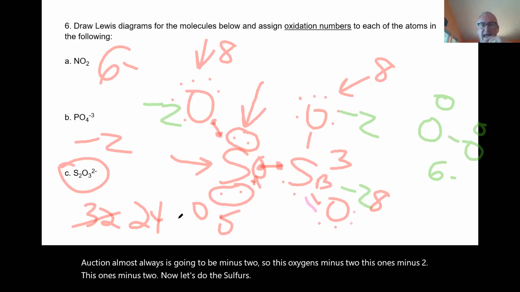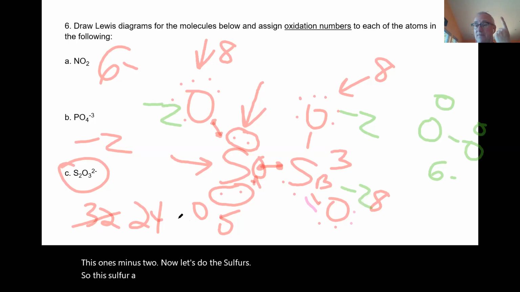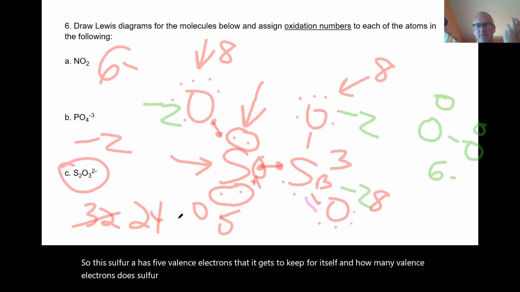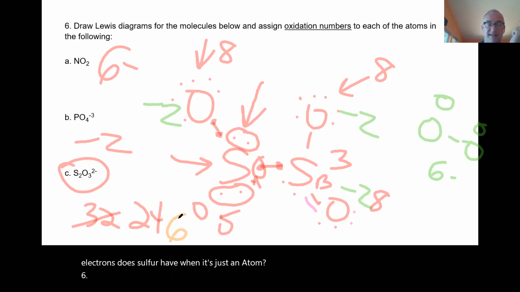So this sulfur A has 5 valence electrons that it gets to keep for itself. And how many valence electrons does sulfur have when it's just an atom? 6. So it has 6, and this one has 5. So what's its oxidation number? +1.